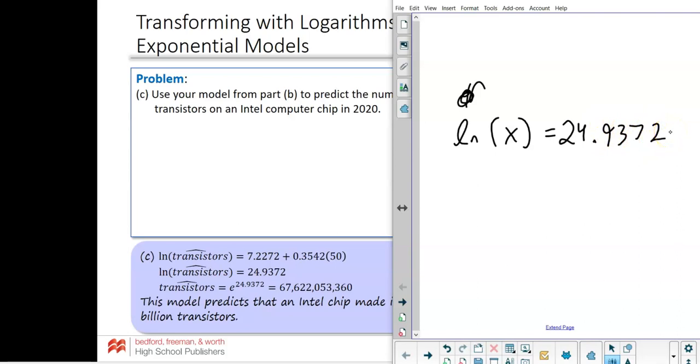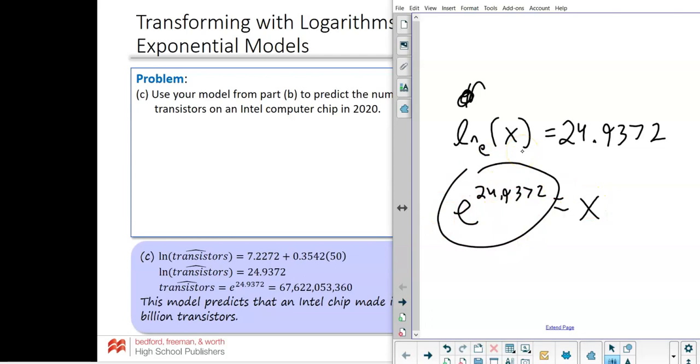So you have a choice. You could use actual math to solve this. If you do that, you have to understand that the base there is e. If you convert this to exponential form, it'd be e to the 24.9372 equals the x variable. Then you just type that into your calculator and solve it that way.